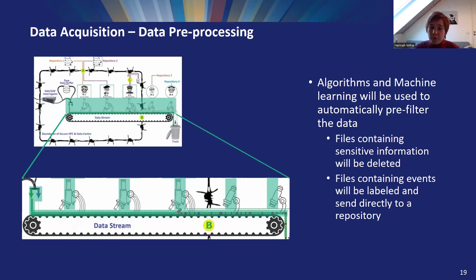We need to pre-process our data. The sheer volume of sensor data means that it must be processed using automated filters. This also means that certain events need to be labeled by hand, so we can feed algorithms with them, so that these algorithms learn what a specific event looks like and can then do it themselves.